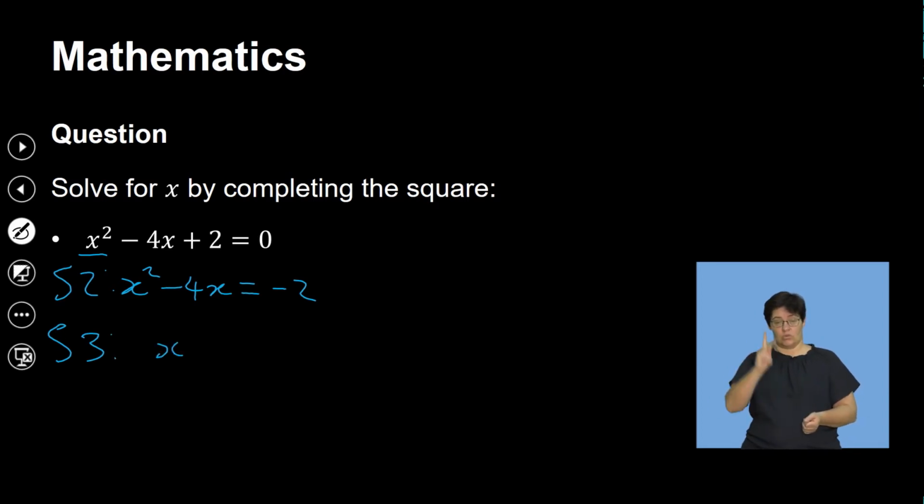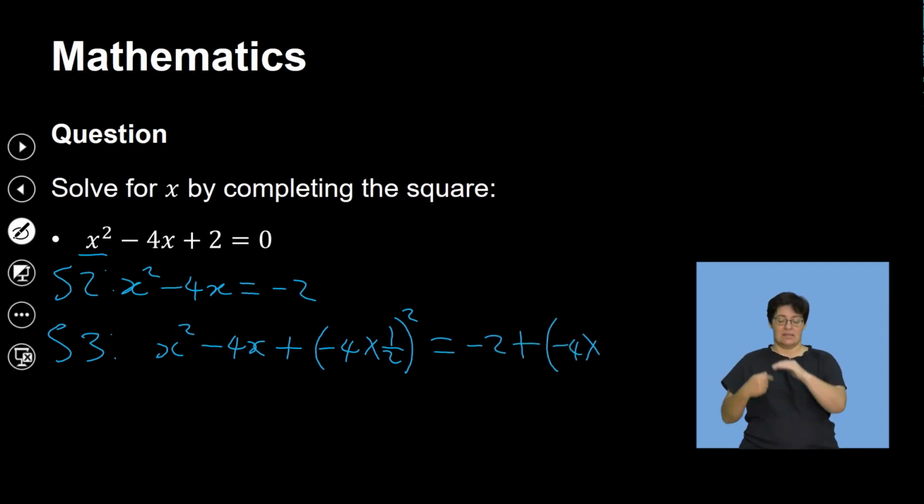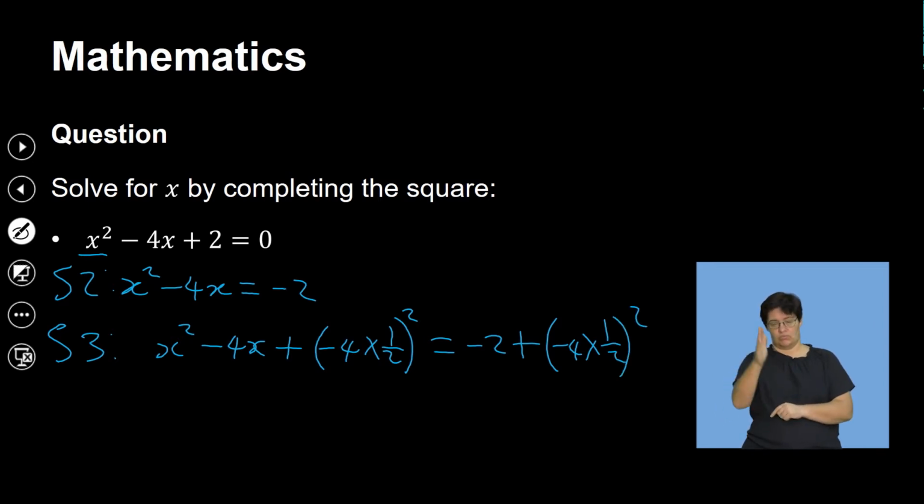So that will be x squared minus 4x plus negative 4 multiplied by 1 over 2 all squared, equal to negative 2 plus negative 4 by 1 over 2 all squared. And then you can do the necessary things.